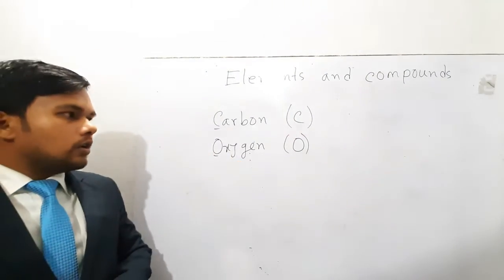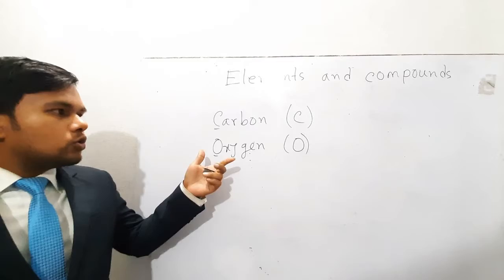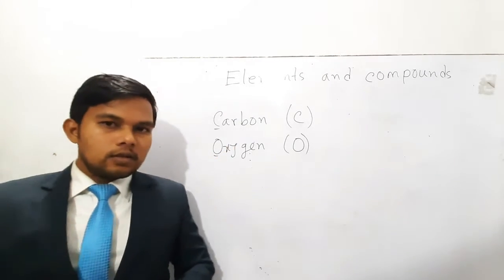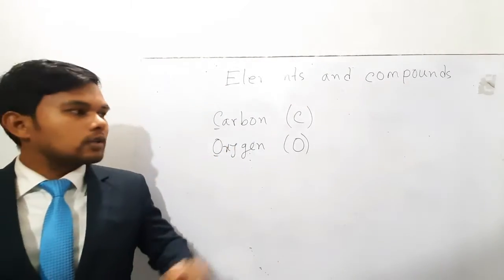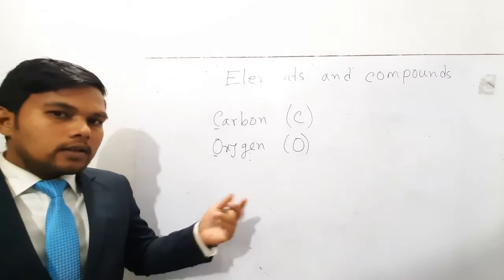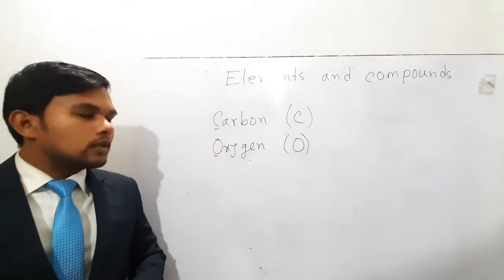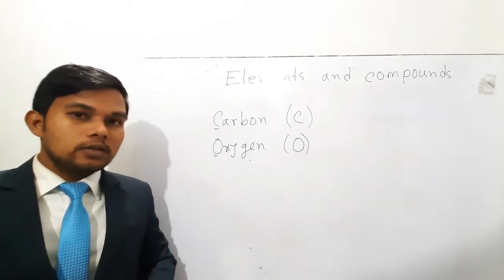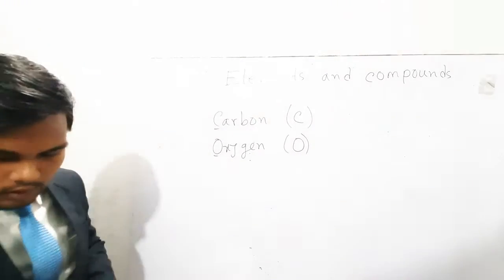But sometimes it happens that two or more elements have the same first letter. In that case, one of the elements is written with the capital of the first letter and the other element is written by two letters, the first letter capital followed by the second letter small.